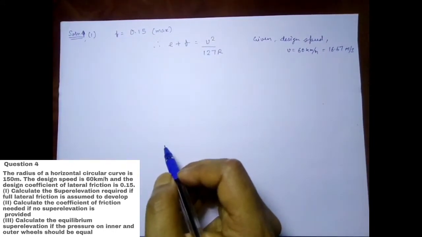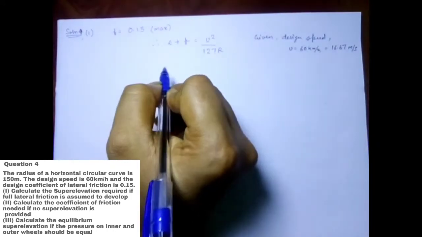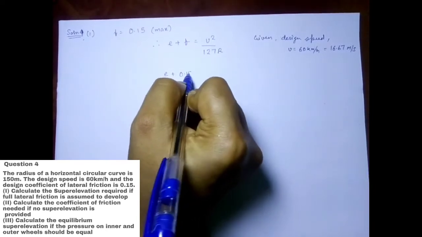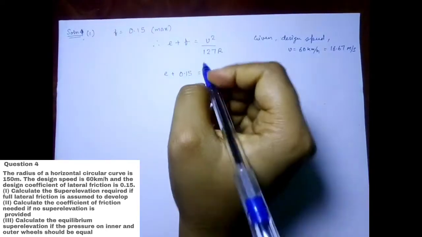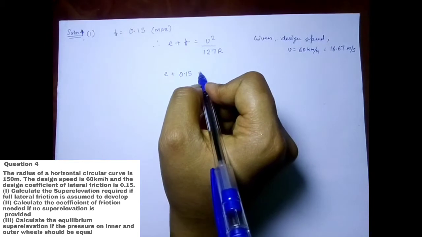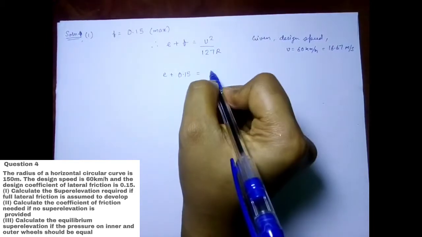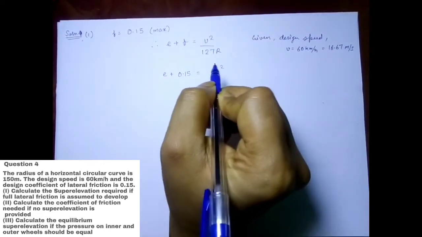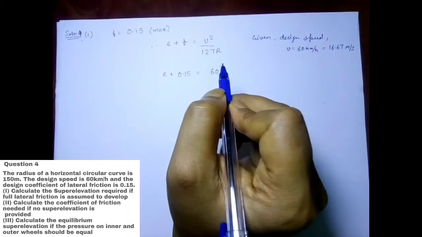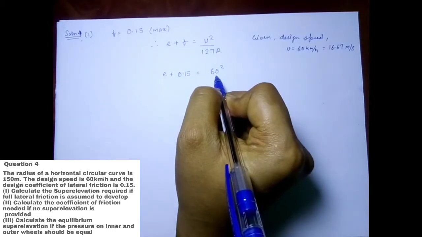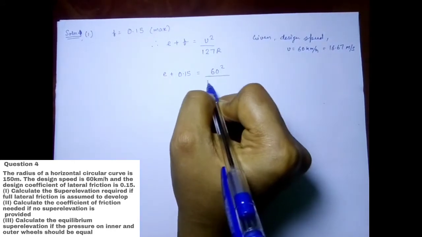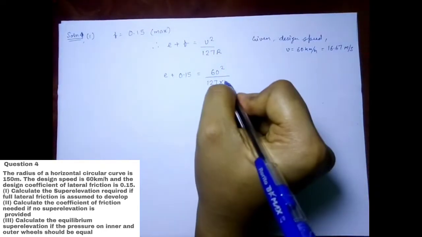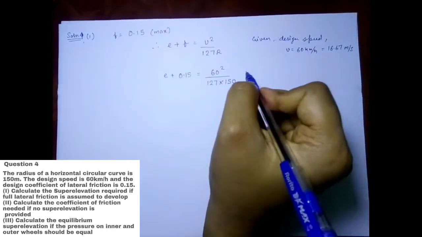So let us put all these values, that is e plus 0.15 equal to, here V will be considered in kilometer per hour, so there was no need of conversion to meter per second, but still then 60 square upon 127 into radius, which is given in the question to be 150 meter, is 150.